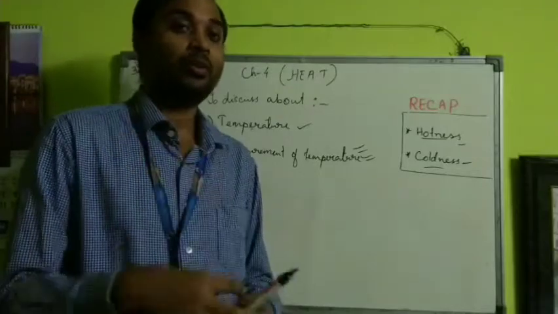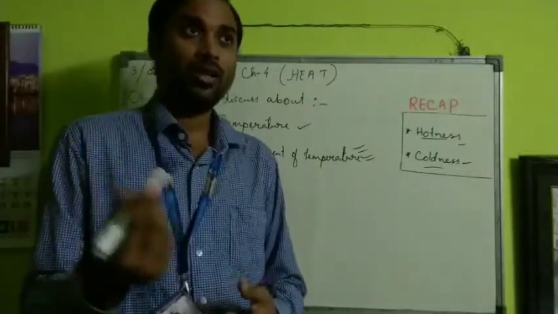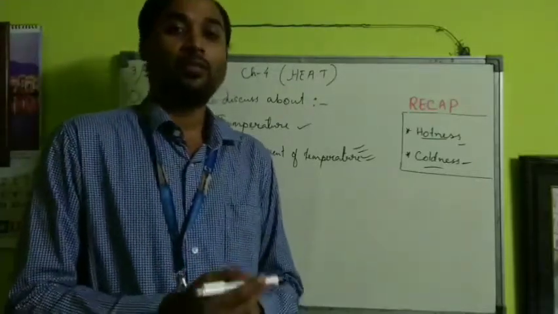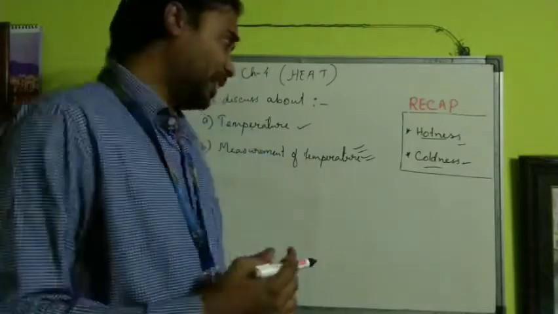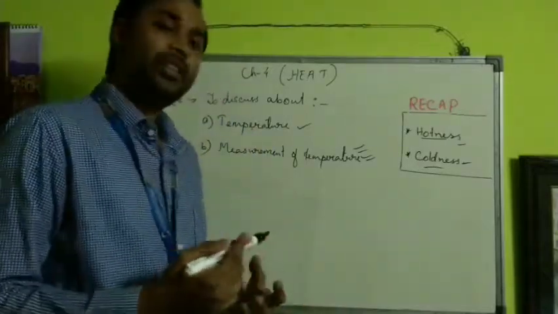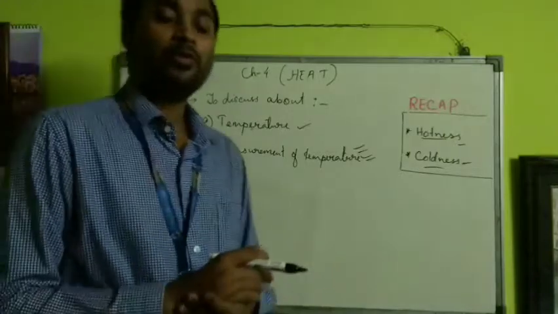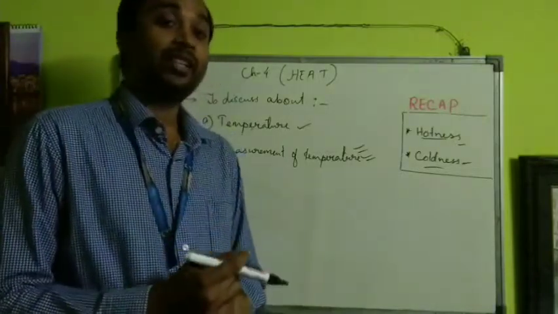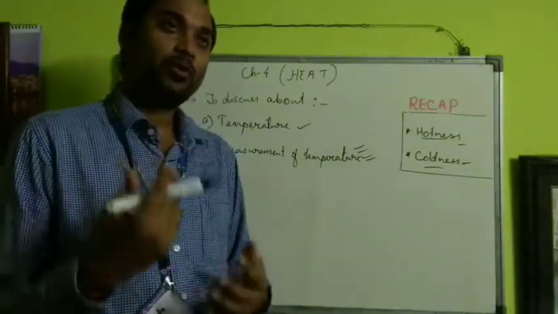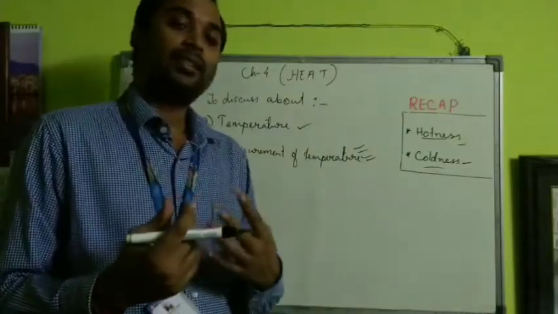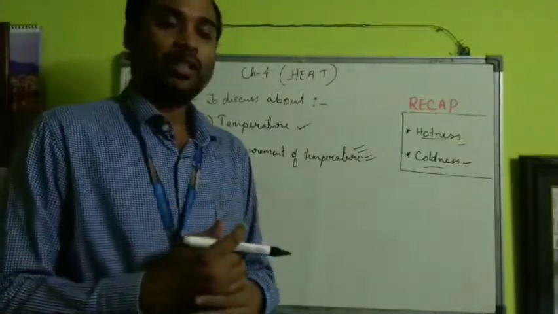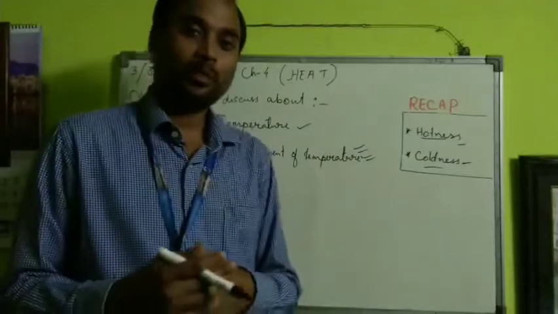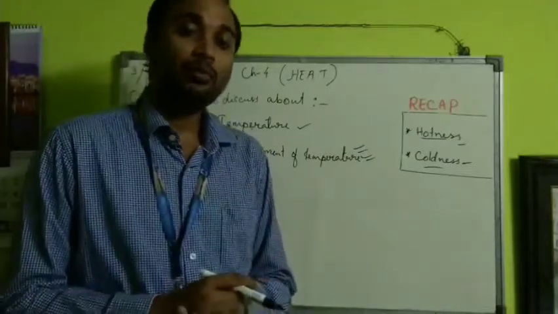So we are quite aware of the instrument that is used to measure the temperature of the body or any other object. Mainly we have two types of thermometer. One is the clinical thermometer, which is used to measure the body temperature, and the other is the laboratory thermometer, which is used for various other purposes other than measuring the body temperature.